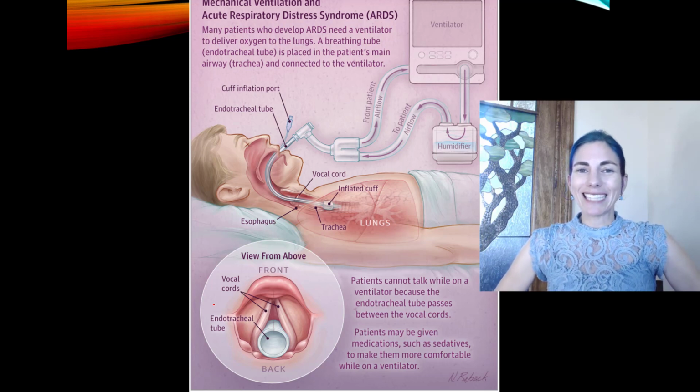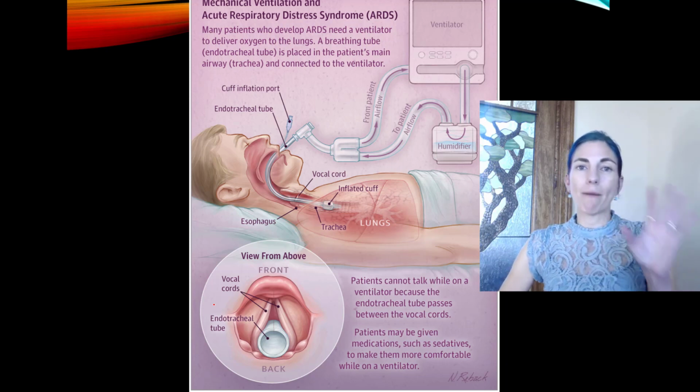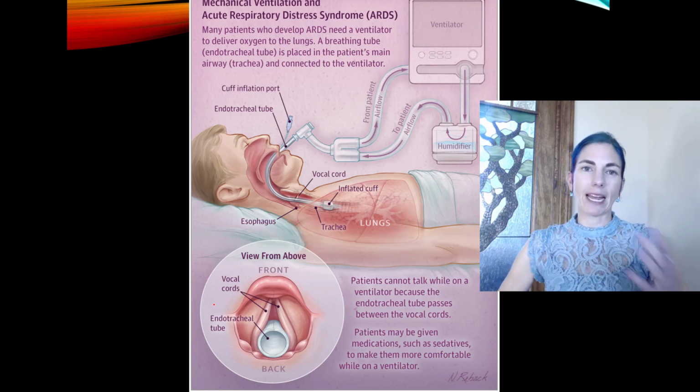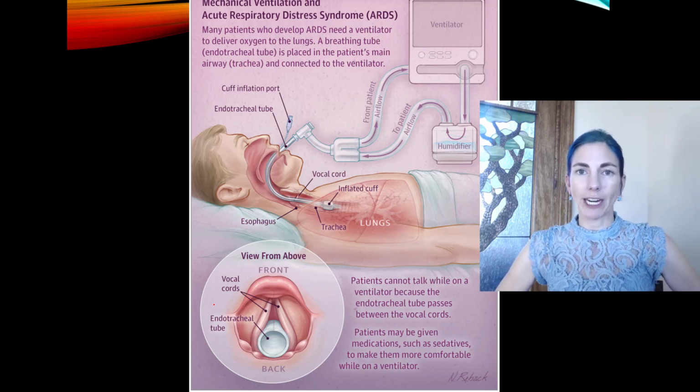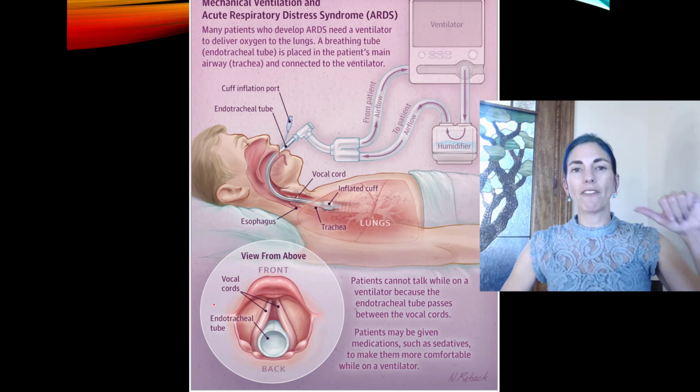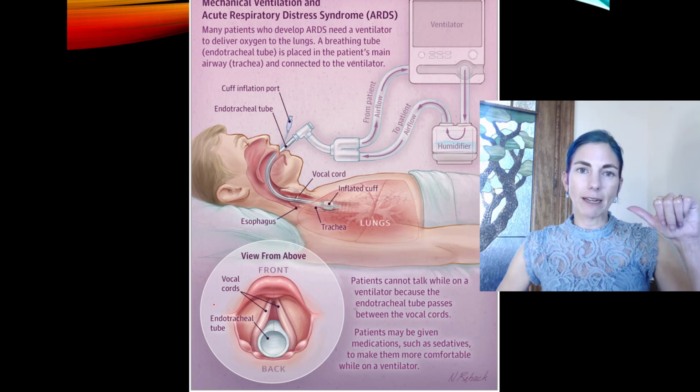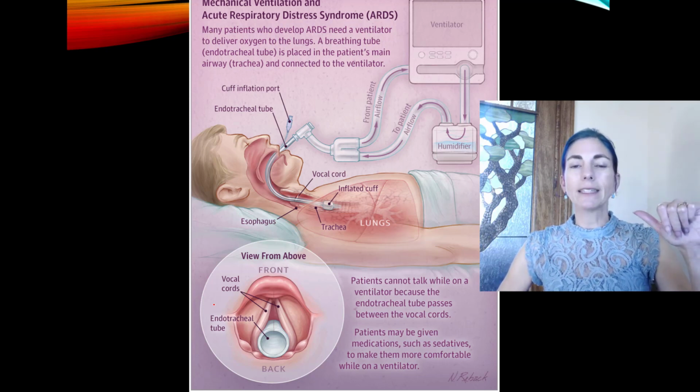Type 2 cells do not just secrete surfactant, but they do a bunch of other things too. One of the things that they do is they prevent other bacteria from getting down there. They make it inhospitable to other bacteria. So by destroying your type 2 surfactant secreting cells, you open yourself up to alveoli collapsing, which would cause respiratory distress.